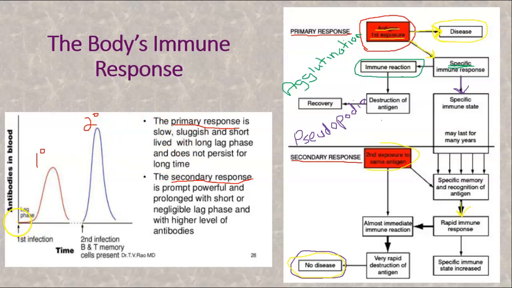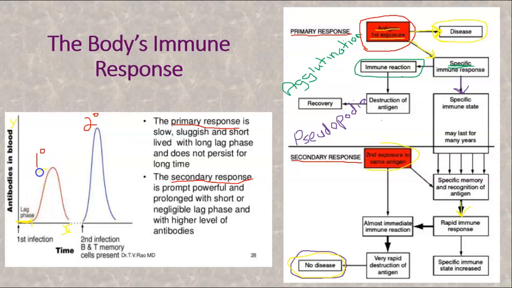It's slow. Look at how long it takes to start, how long it takes for the level of antibodies in the blood to rise. Time is your x-axis here, and this is your y-axis. Look at the time it takes before you start having the level of antibodies in the blood increasing rapidly.